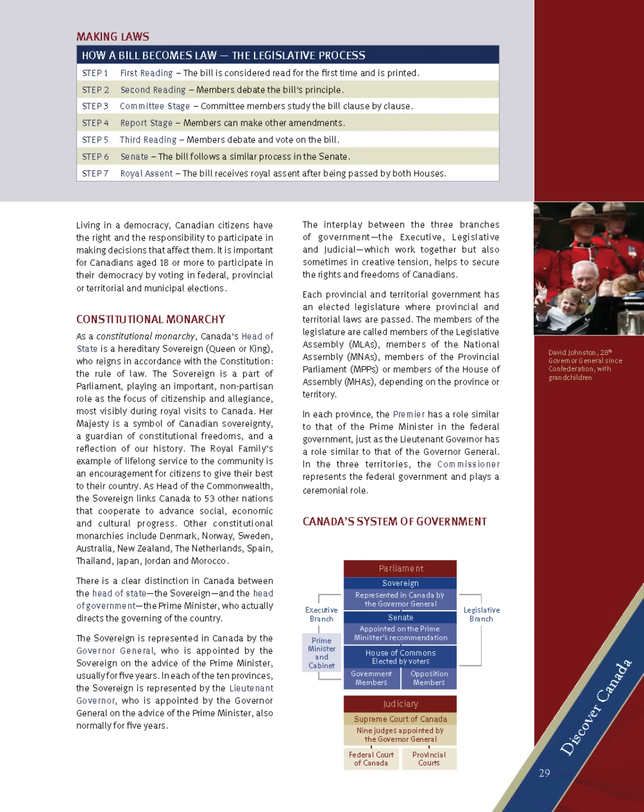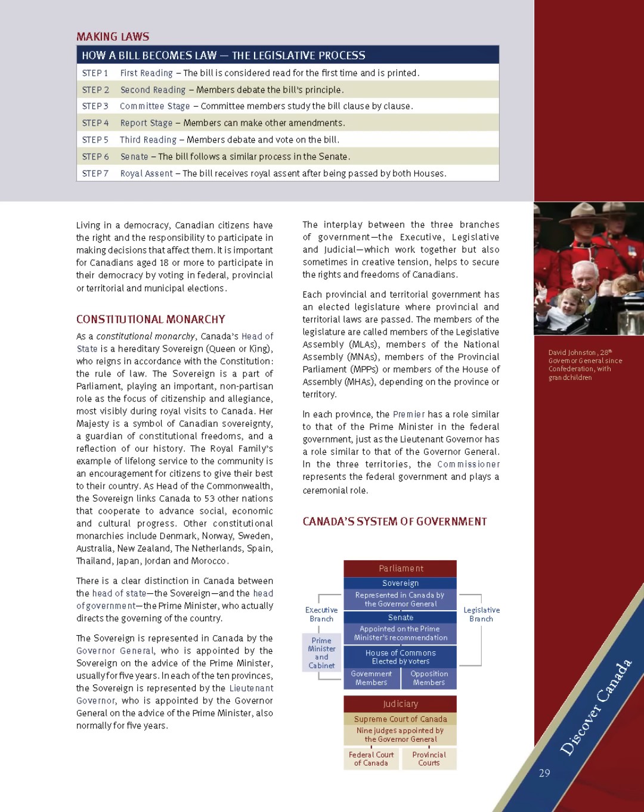Other constitutional monarchies include Denmark, Norway, Sweden, Australia, New Zealand, the Netherlands, Spain, Thailand, Japan, Jordan, and Morocco. There is a clear distinction in Canada between the head of state, the sovereign, and the head of government, the Prime Minister, who actually directs the governing of the country.